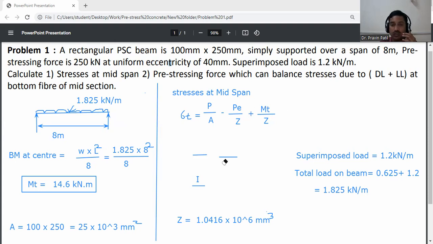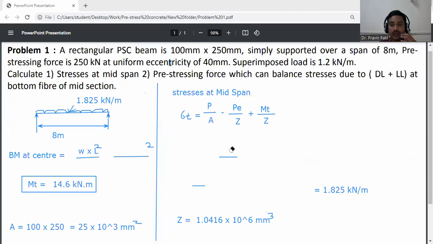Now put in all the values. P is the pre-stressing force, given in the example as 250 kilonewton. Convert kilonewton to Newton: 250 into 10 raised to the power 3, divided by the cross-sectional area, 25 into 10 raised to the power 3.